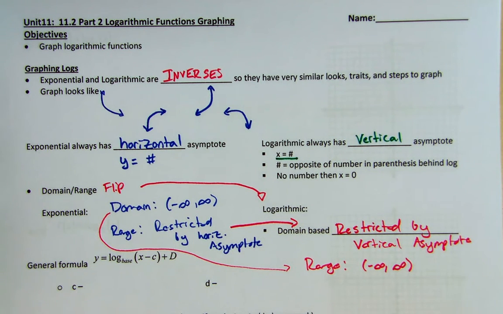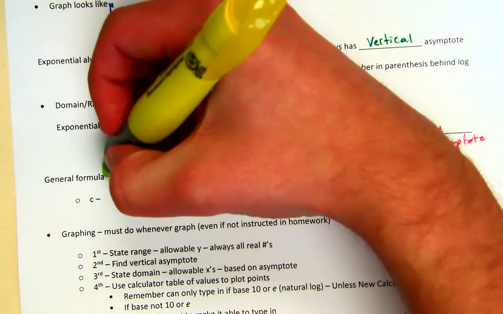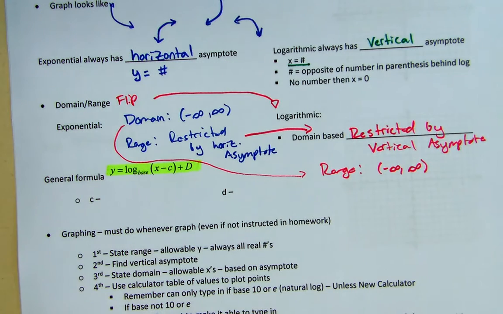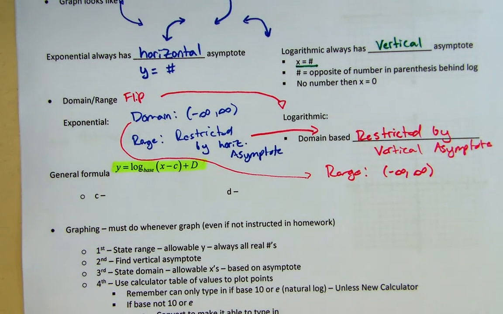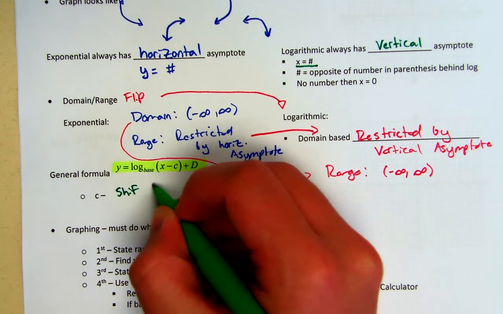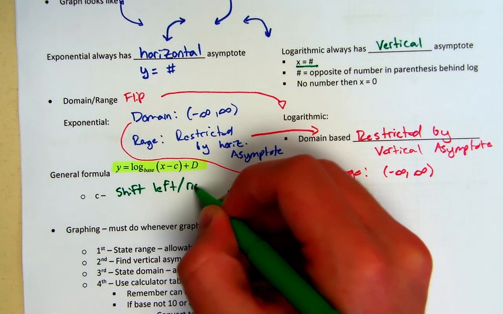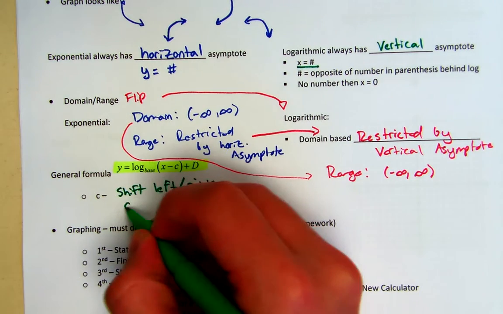So the general formula for logarithms is log base something of x minus c, plus d. The same exact kind of things that happened with exponents happen here. So c tells us we're shifting left and right, but it's opposite.